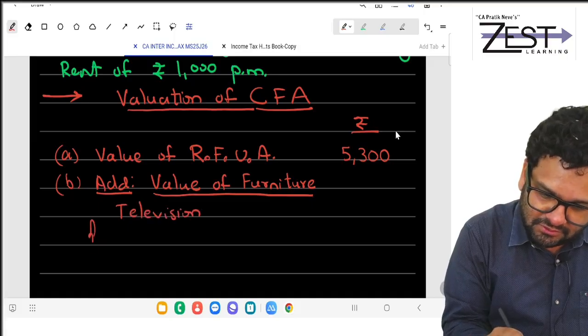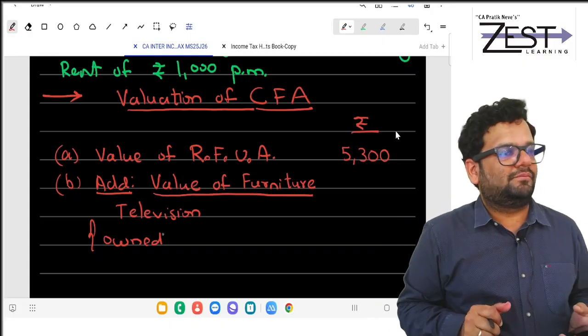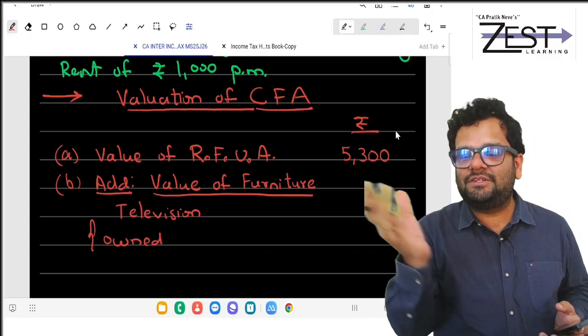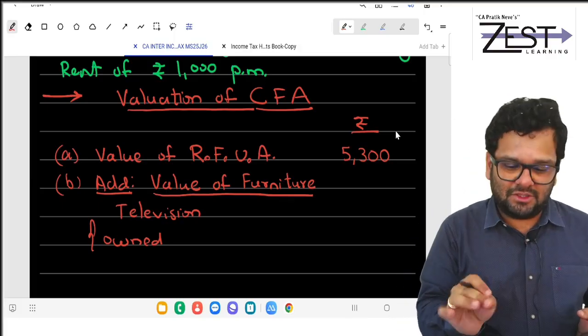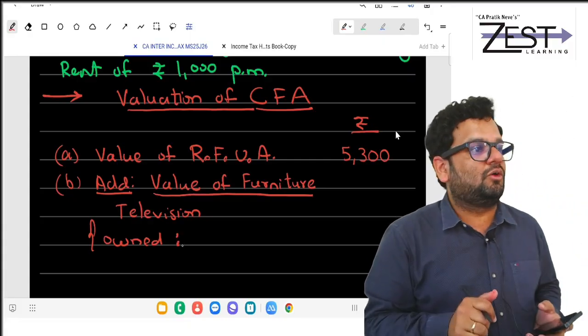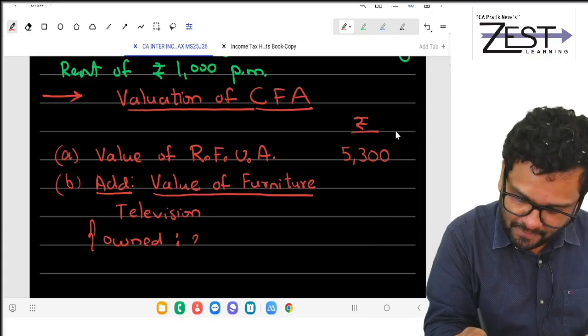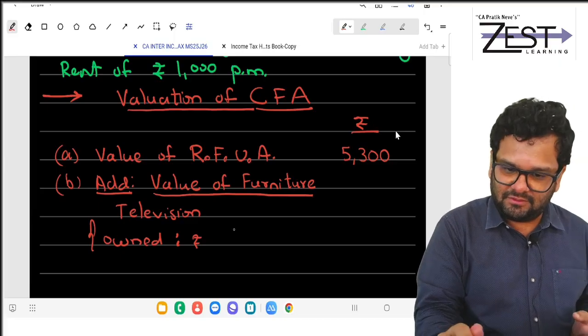Television, how is it? Owned or let out? I'm asking you from an income tax perspective. Owned. So what will be the value? What is the original price?